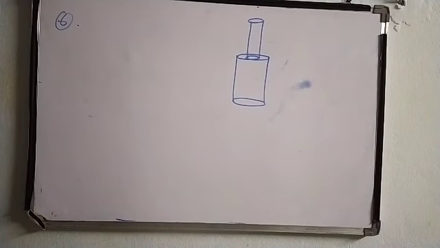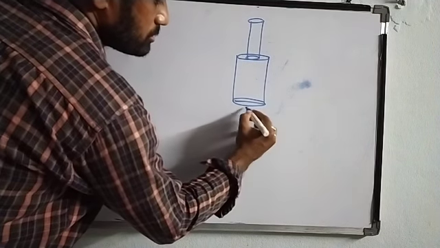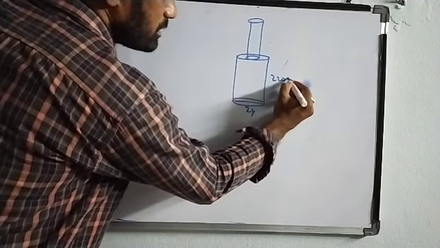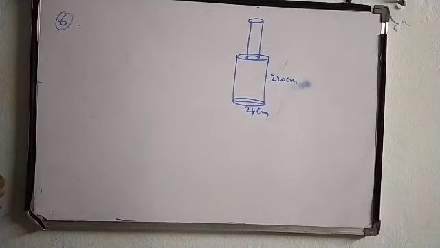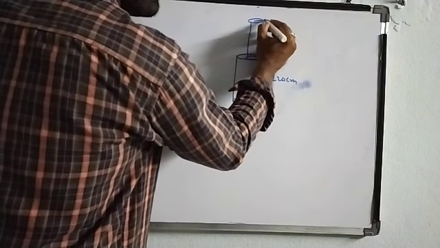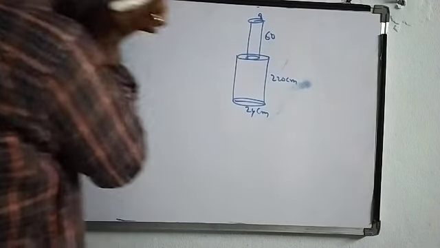So height 220 centimeter and base diameter is 24. So 24 and 220 centimeter. Next, on the top, the height is 60 and radius is 8.